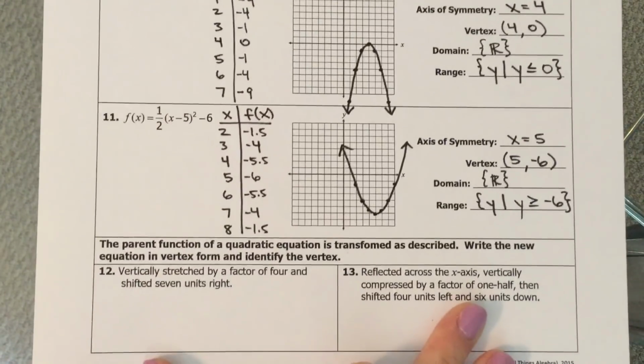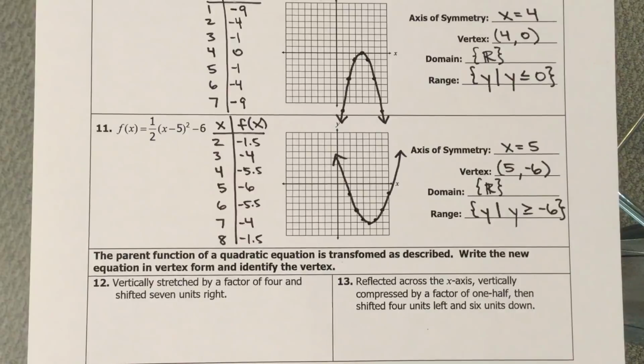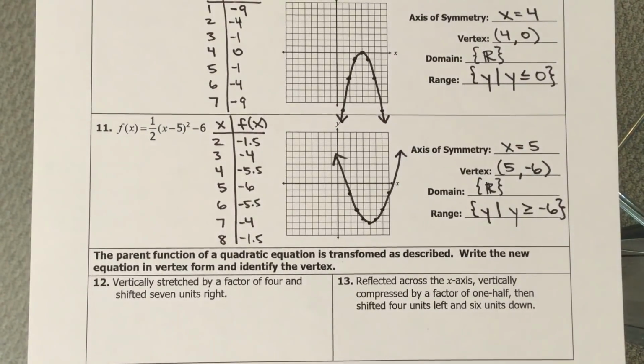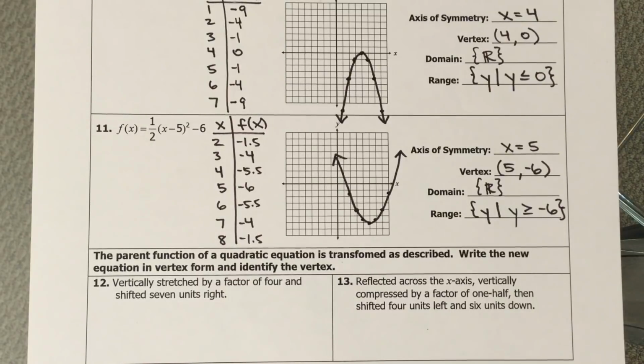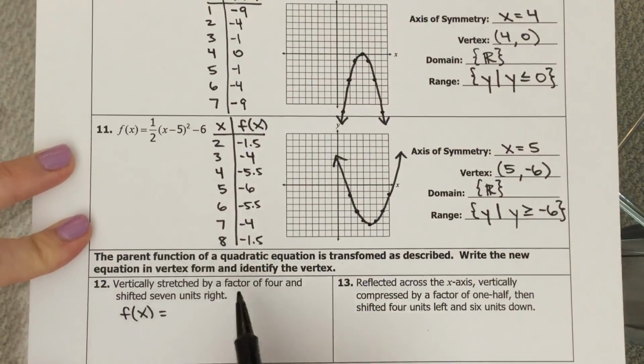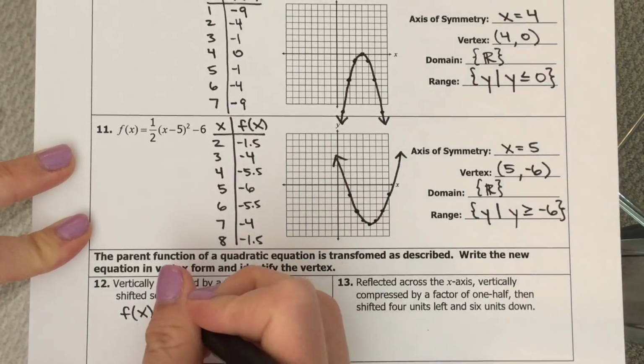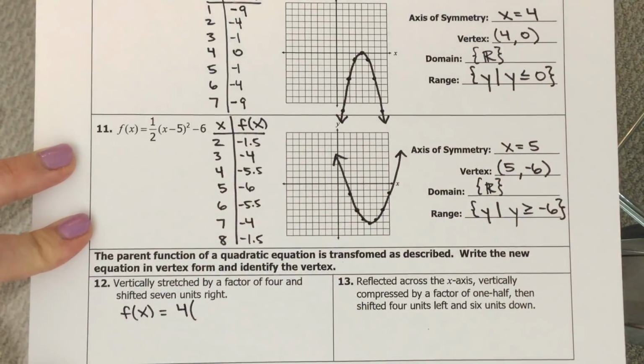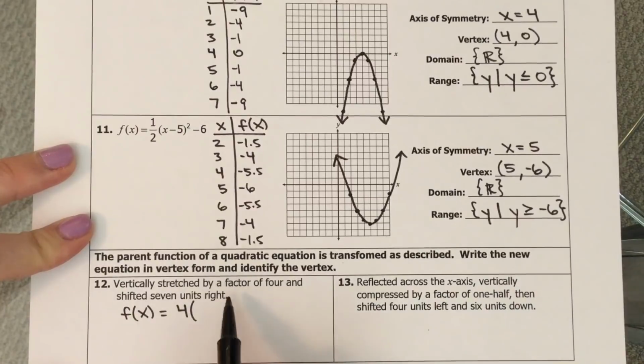All right, last things on these pages. The parent function, we're going to do some transformations, and we want to write what that new parent function would be, and we're going to write it in vertex form, and then identify the vertex. So we start with f of x equals for each of these. It's vertically stretched by a factor of 4, so that means there's going to be a 4 in front of the parentheses, and shifted 7 units to the right.